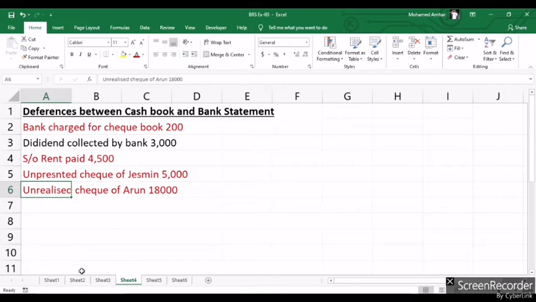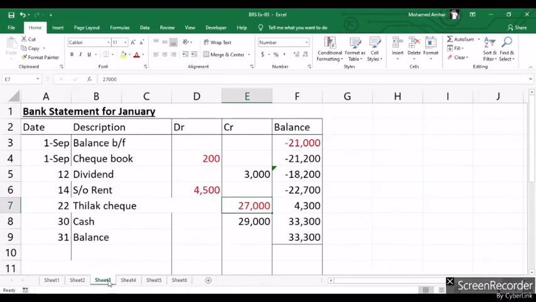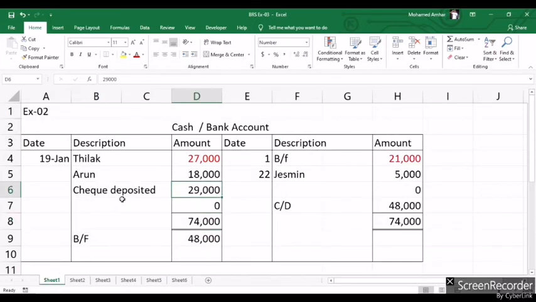Right, and again check the cash book debit side, another 29,000 is deposited, and check whether this 29,000 deposited is in the credit side of the bank statement. Cash deposited 29,000, that is there. Here it is mentioned check deposited.